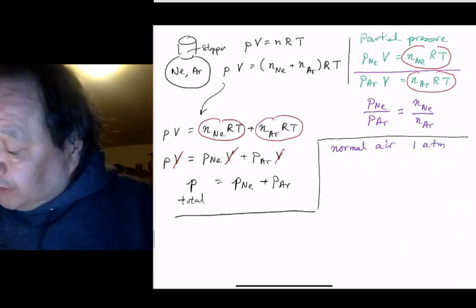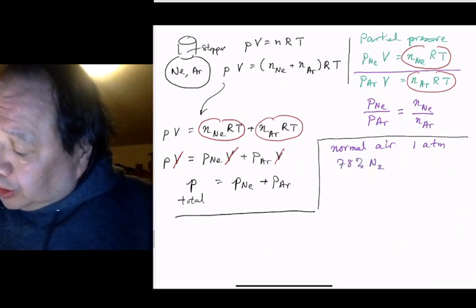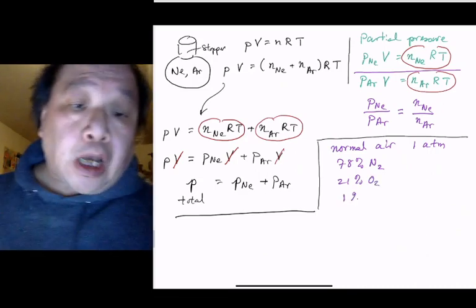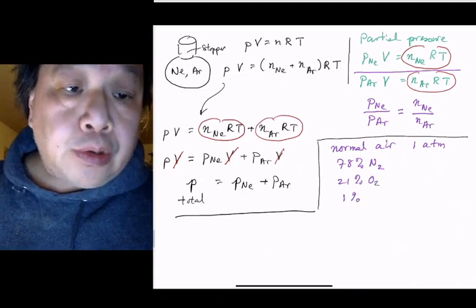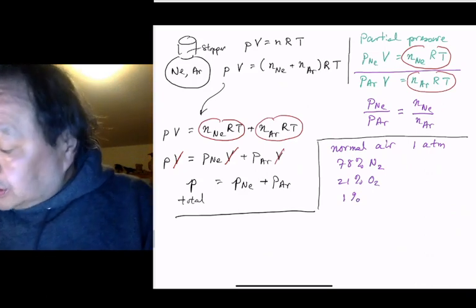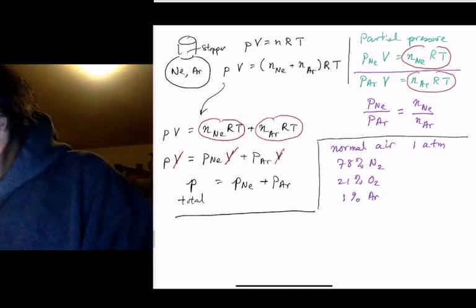And it is 78% N2, 21% O2, and 1%... What's the third most common molecule in air? Put it in chat if you know. It's 1% argon. Just comes in and out of us. It doesn't react with us.